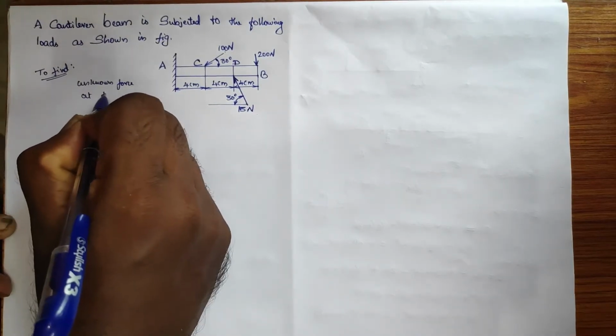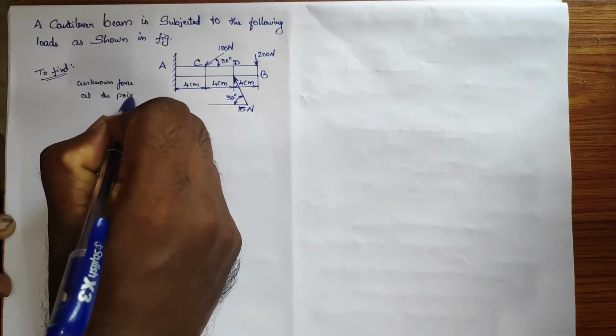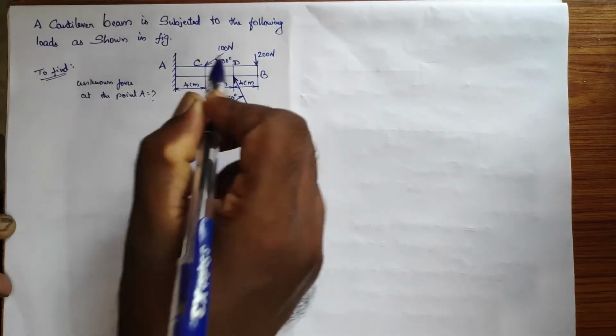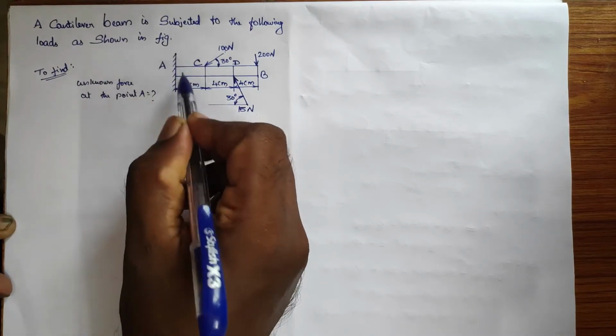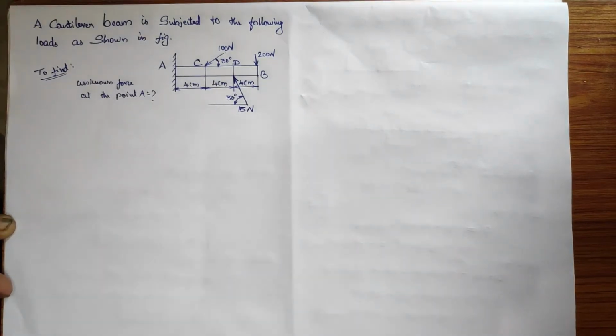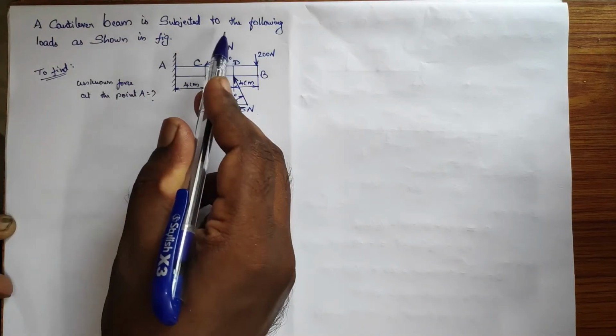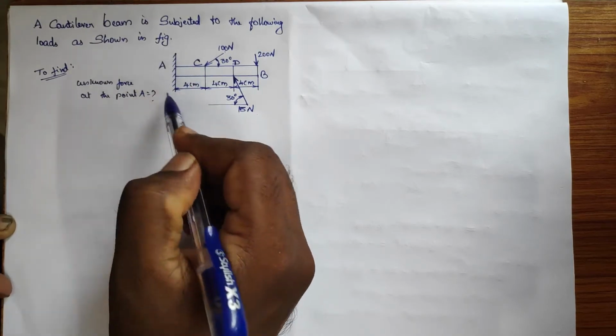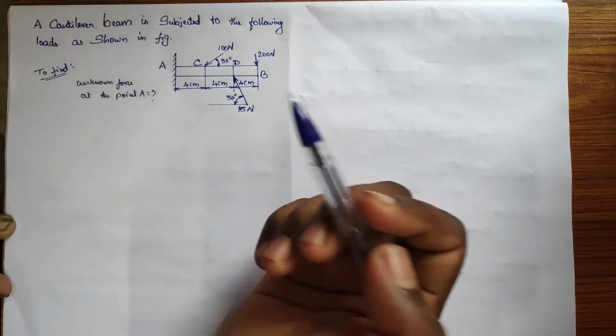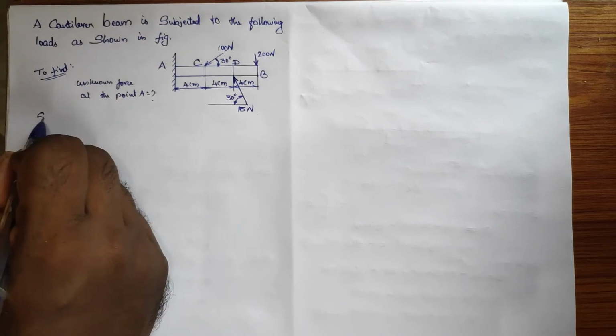Here all the forces are known; only the reaction force at point A we need to find. So unknown force at the fixed support we need to find. Okay, fine. Solution.